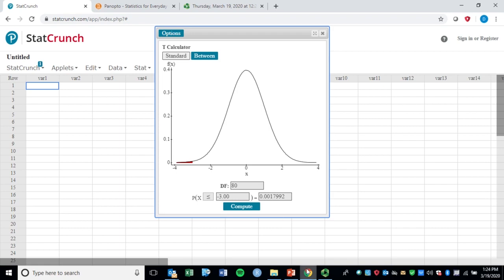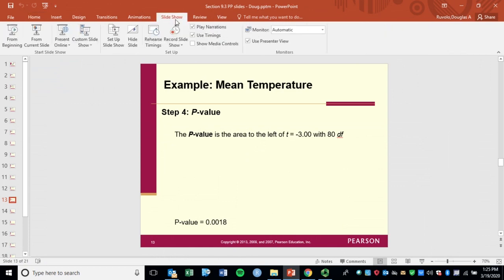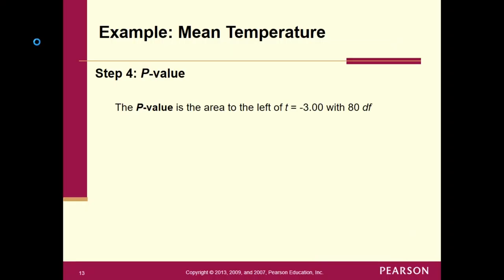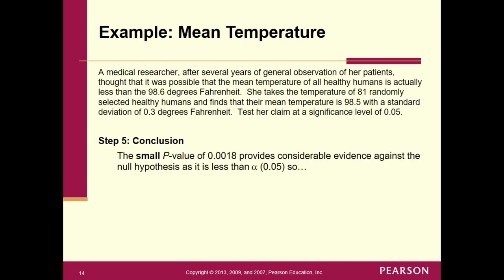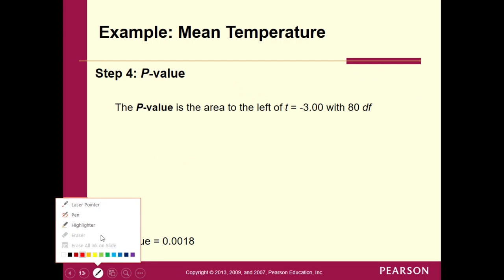Okay. So when we go back to viewing our slides and going back to our slideshow, from current slide, what do we got here for our p-value? We got our p-value down here. My picture went away, but that's okay.